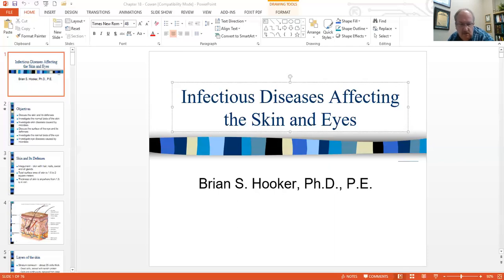You should also know that another name for COVID-19 is SARS-CoV-2, because it's related to the severe acute respiratory syndrome virus that was isolated back in 2002. COVID-19 is an example of a single-stranded RNA virus.